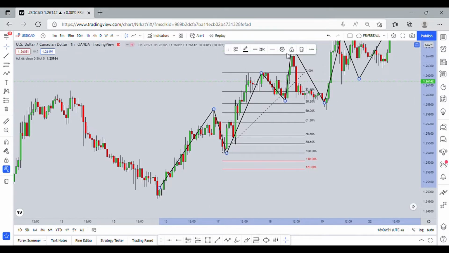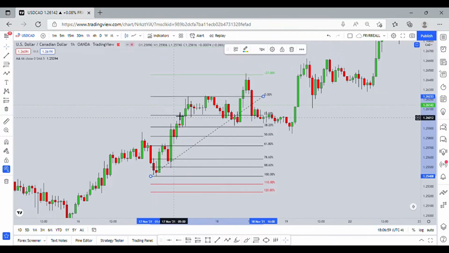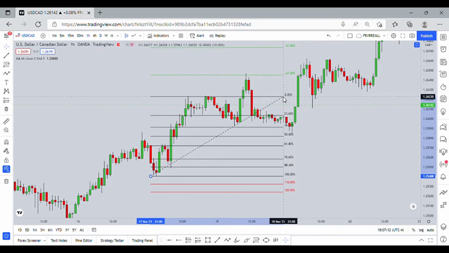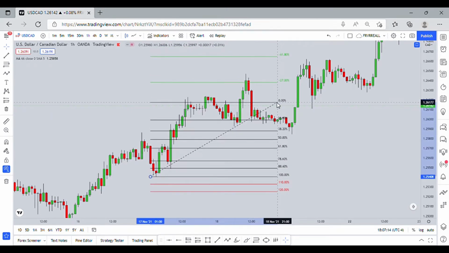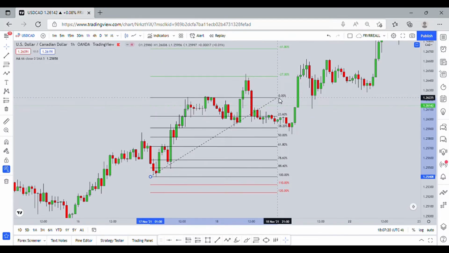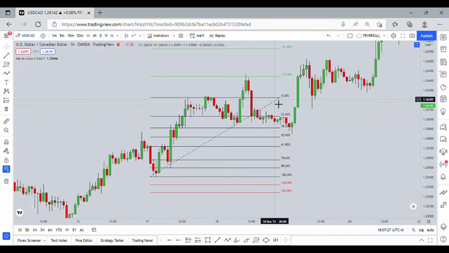And you want to make sure to connect either wick to wick or body to body if you're going to connect the fibs. You don't want it to be right in the middle of the move like this, because it doesn't make sense. It has to be at the very end of the wick or at the very start of the wick, like this. So you have to be really meticulous in how you draw your fibs, because there are specific numbers for a reason.